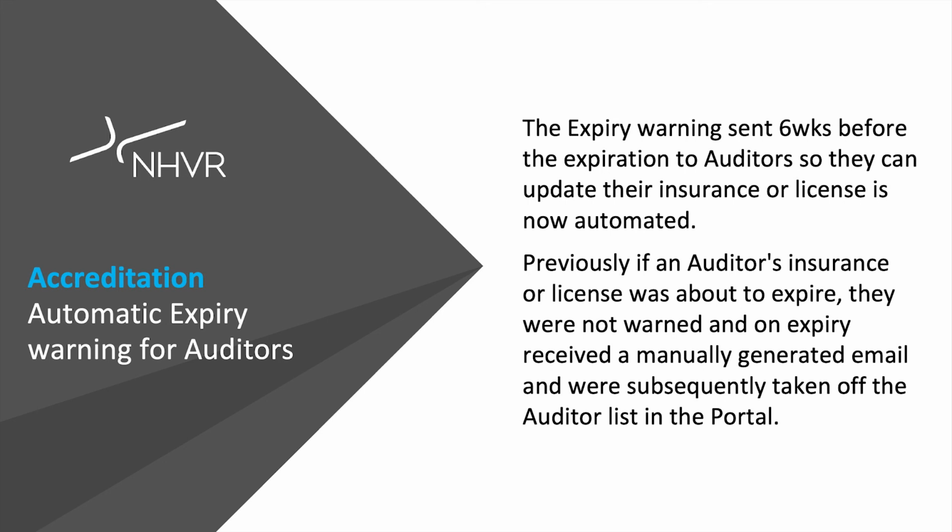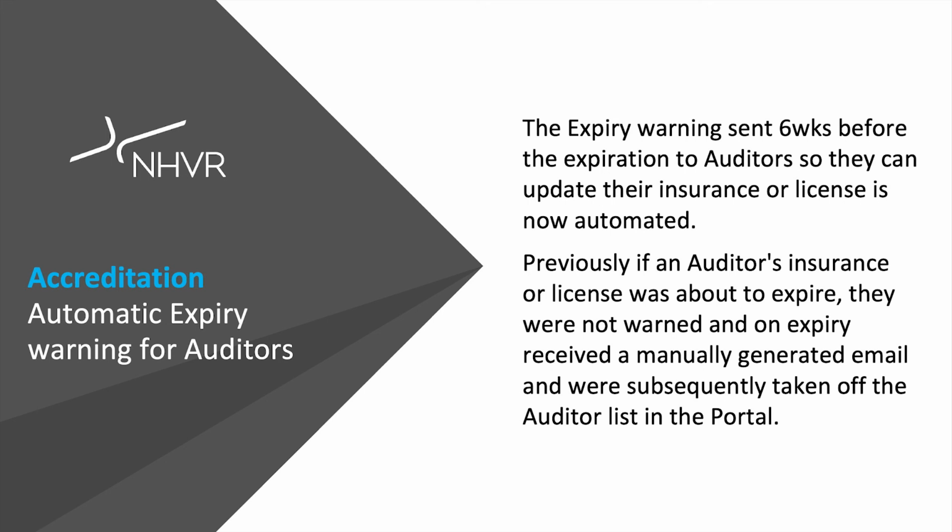The ones we've got coming through are for our list of NHVAS auditors. Previously it was all done manually, where the accreditation team would go through the list, and when it came up to about to expire, they would manually send out a notice or an email. To help with this, we've put those auditors in the portal, and we've got it now that there's a reminder notification going out at least 6 weeks before.